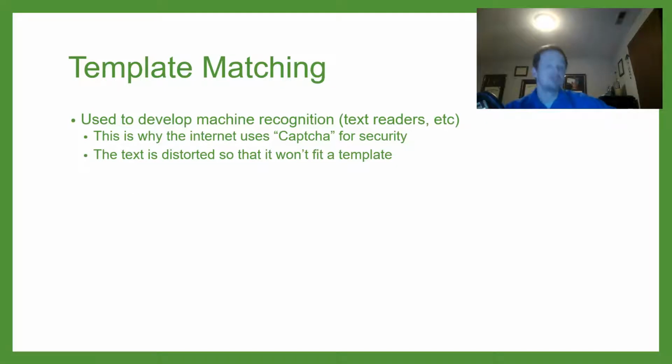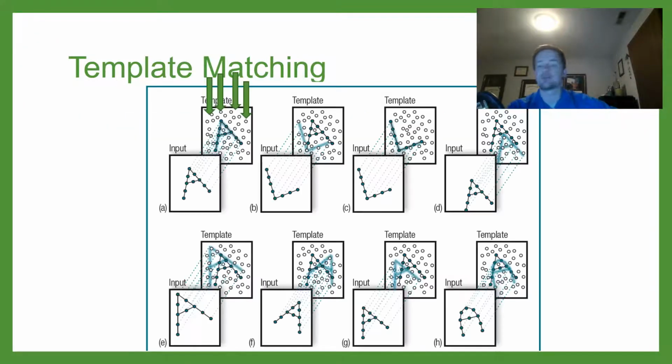We have developed machines that have tried to use this specific type of learning, this specific type of feature matching, that we match templates to things. And a lot of early text recognition software would do this.